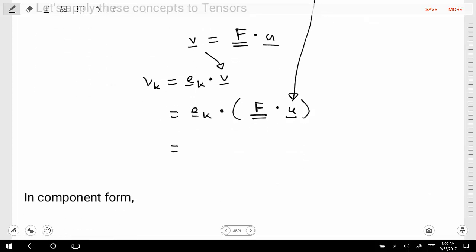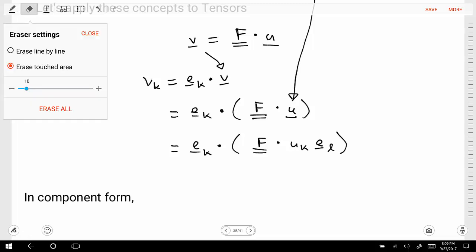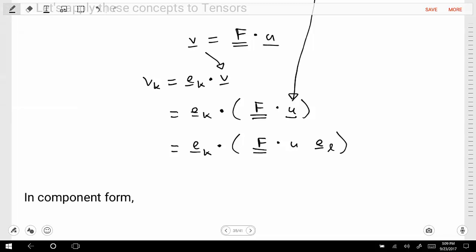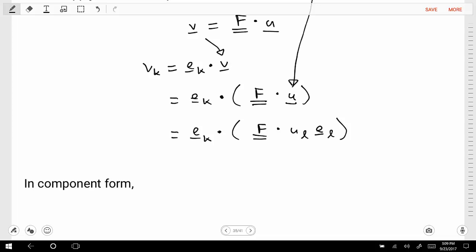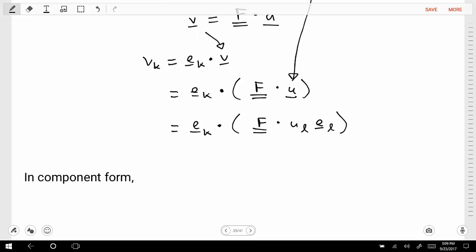Now, remembering our relationship for what u is in terms of its components, we can pull that into our equation. Then we can find the base vector k dot, in brackets, the tensor F dot the components ul times the base vectors l, where we want to introduce a new index l here.